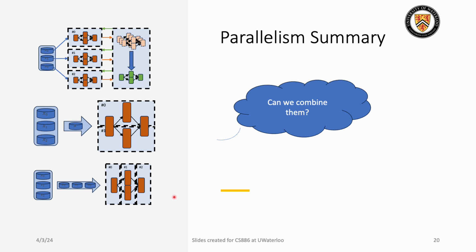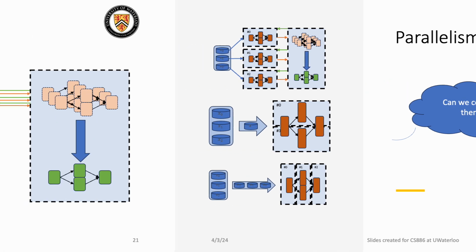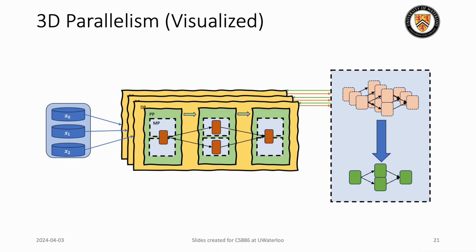bottleneck. So can we combine them together? Can we get the best of 3 worlds in that case? And the answer is yes, actually. You can think of each of these as a device, and you can abstract it and subdivide it in these ways. And this is actually what 3D parallelism is.